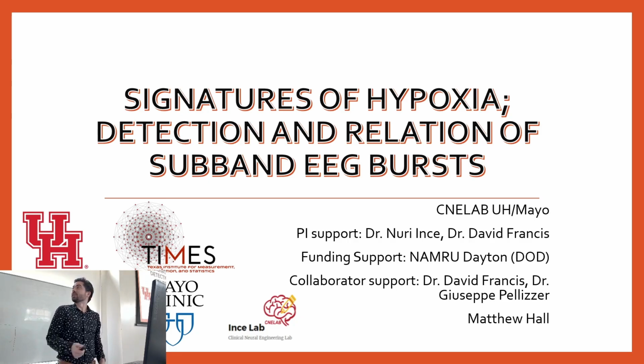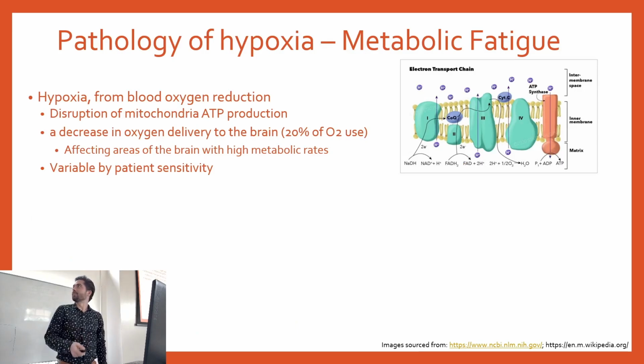Thank you. So I'm going to be going over EEG activity and some novel methods we use to classify out bursts and relate them to an event called hypoxia. Many of y'all might not be familiar with hypoxia. It is a brain response to lower levels of oxygen.